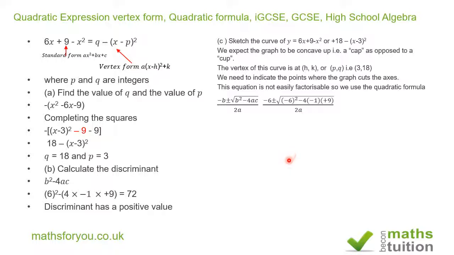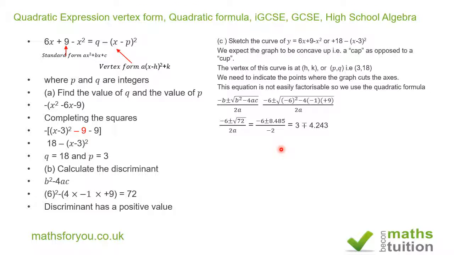Now 2a, where a is minus 1, gives us minus 2. If we divide minus 6 by minus 2, we get 3. If we divide plus or minus 8.485 by minus 2, we get minus plus 4.243.